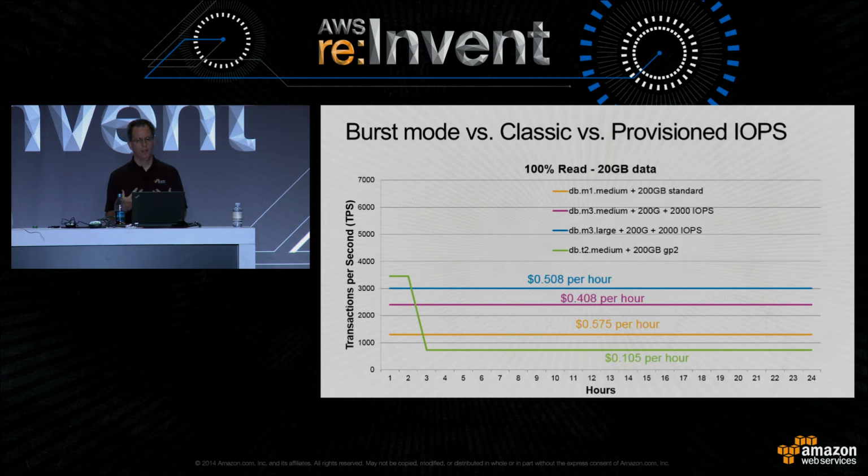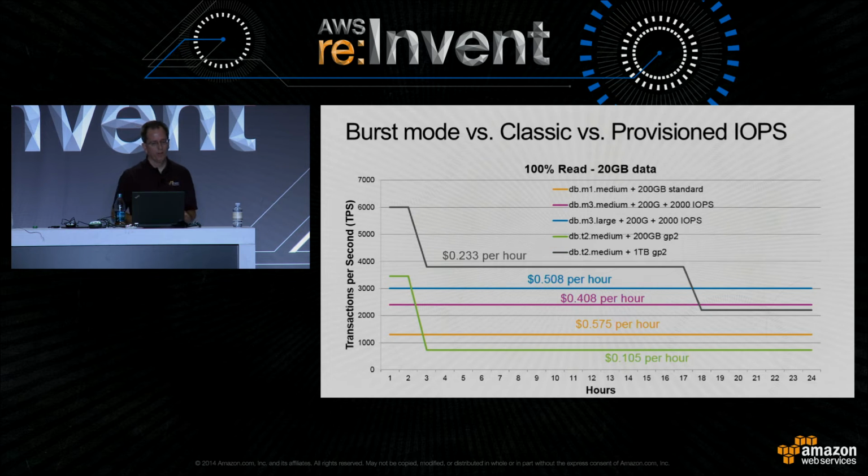So I said to myself, well, the nice thing about GP2 is if I want more IOPS, all I have to do is buy more space. So I went and provisioned one with a terabyte instead, and that's in the gray. So you can see now, the cost went up. We're now paying 23.3 cents an hour, but look at that, we got 6,000 transactions per second until we hit the first cap on the GP2.